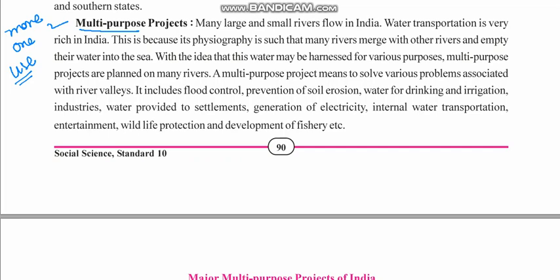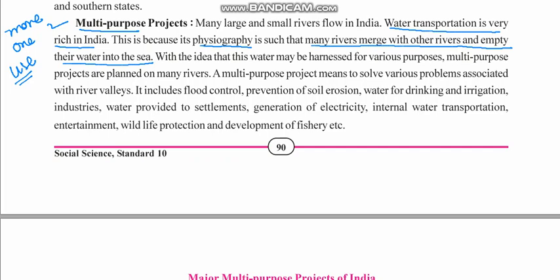Many large and small rivers flow in India. Water transportation is very rich in India. So water transportation is also a good way to move in India. This is because the physiography is such that many rivers merge with other rivers and empty their water into the sea. Main rivers have multiple branches, and that's why it is easier to move from one basin to another.